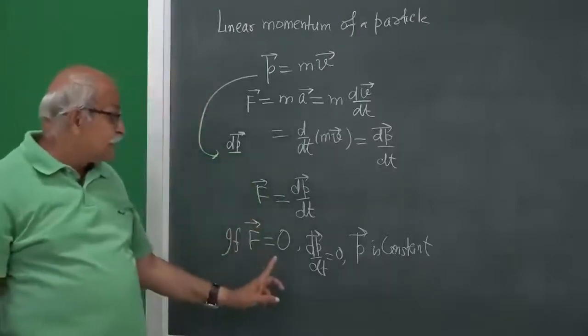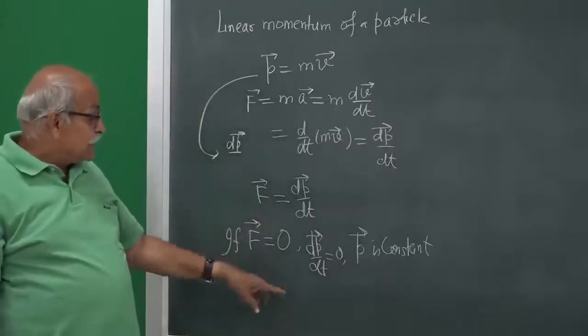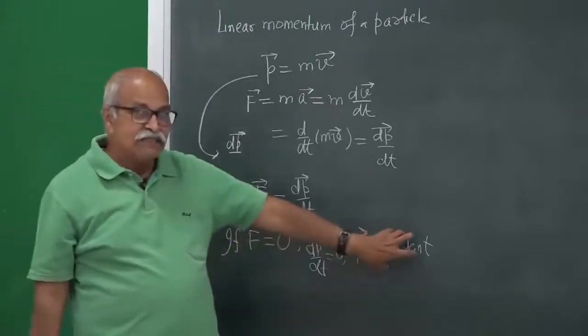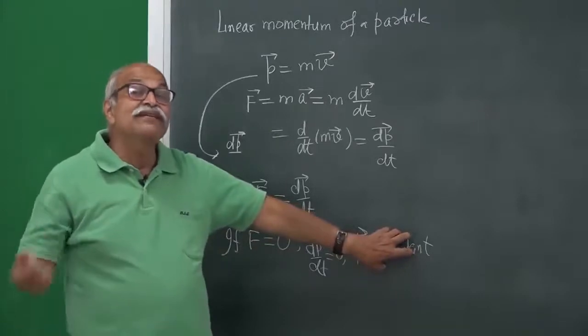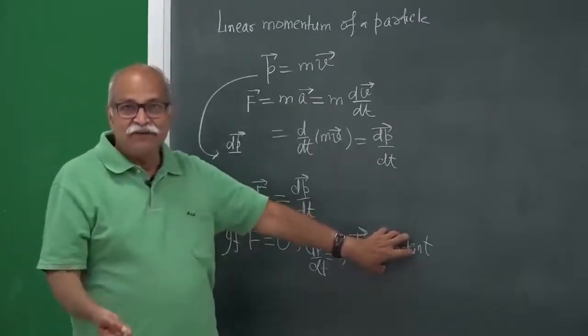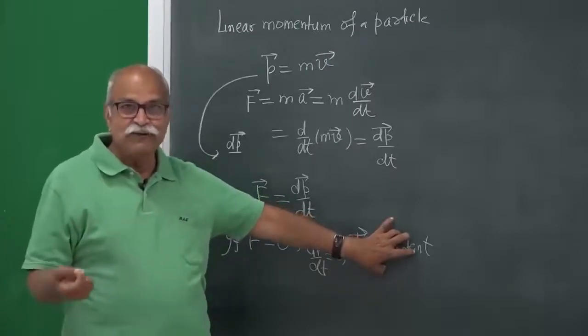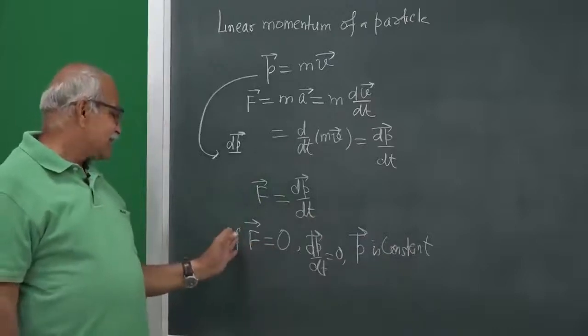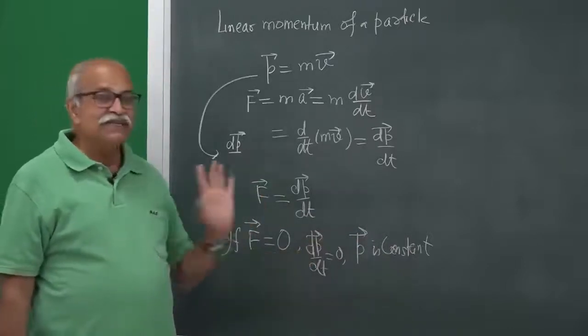Conservation of linear momentum is essentially: if the external force on a system is 0, the total momentum of that system is constant. If your system is just one particle, all forces are external anyway, so the same principle tells us that if F is 0, then P is constant.